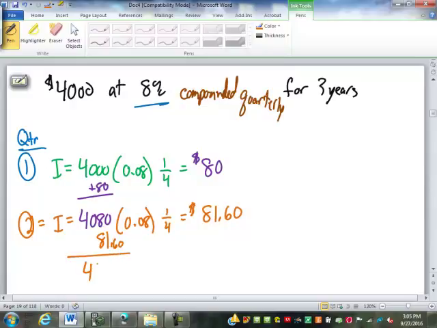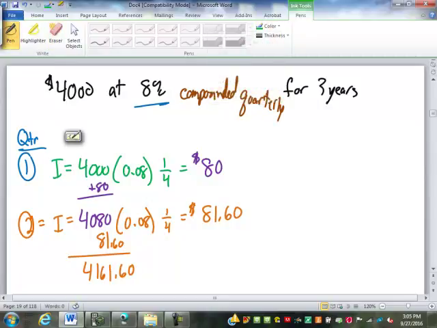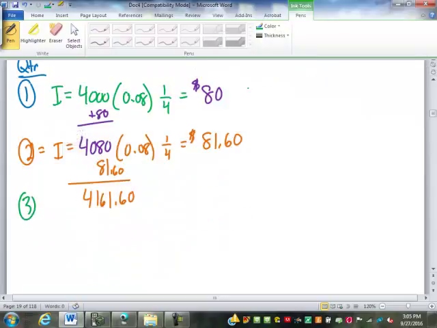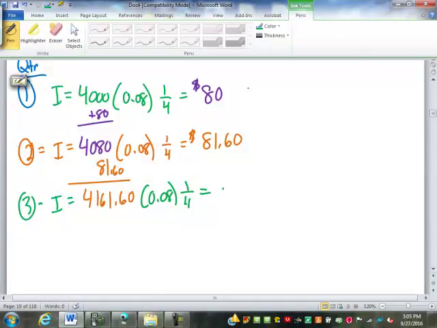We now have $4,161.60. So we are going to start our third quarter with that amount. The interest in the third quarter is going to be that times 0.08 times 1/4. $83.23. So we'd add that on.